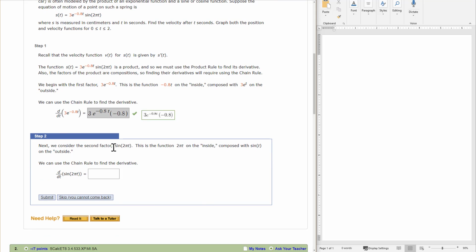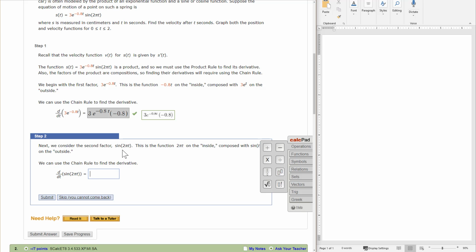Now we're going to take the derivative of the second factor, and then we'll put it all together in the product rule at the end. Notice again that this is a composition. The outer function is the sine function, and the inner function is 2 pi times t.